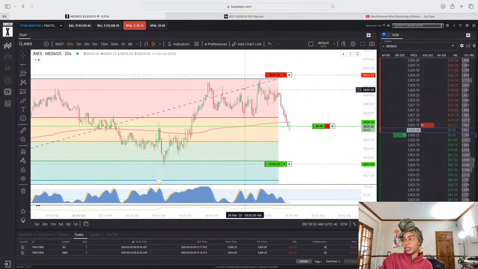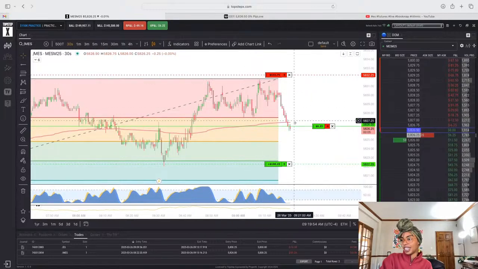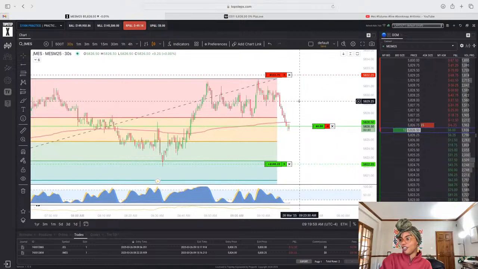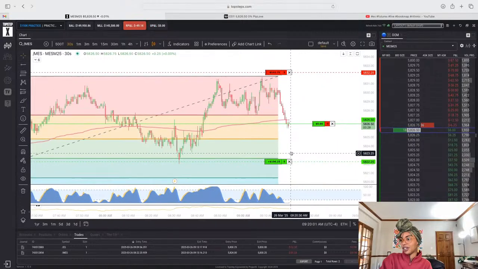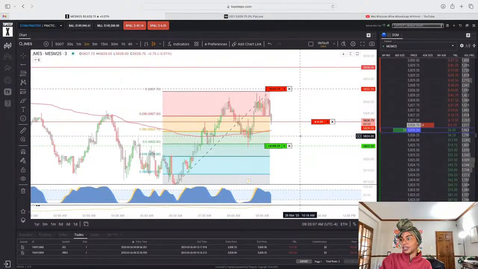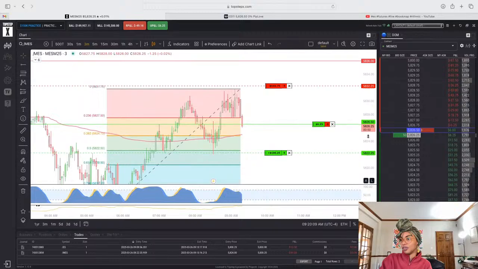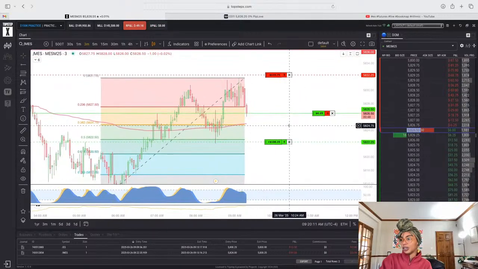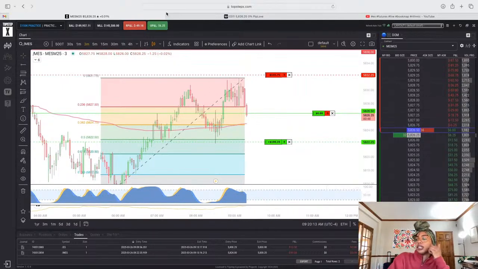I love fibs. I would even take a fib from this high to this low to see, okay, is price going to pull back to 58.30 before pulling down, or are we going to get that nice flush to the downside without any additional movement? Looking at the 3-minute, it looks like it's giving us some selling momentum as well.